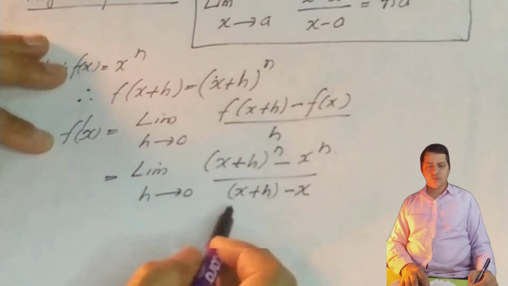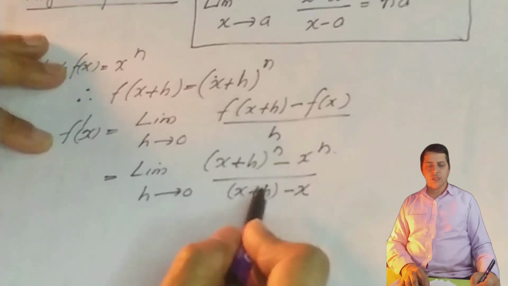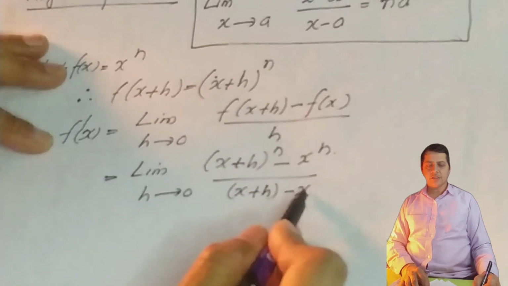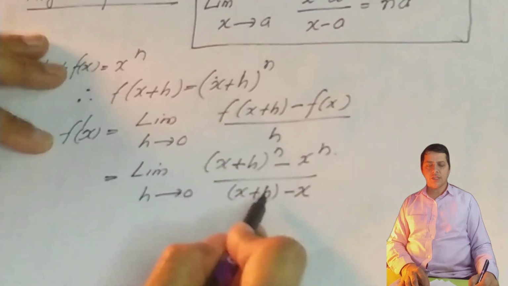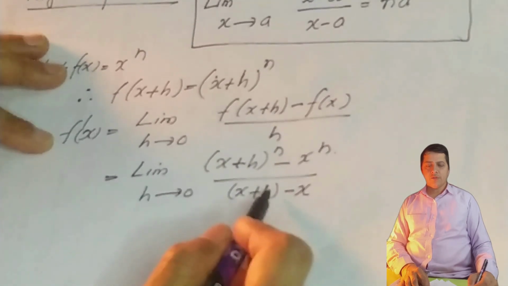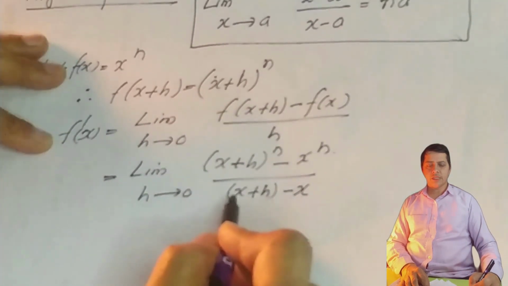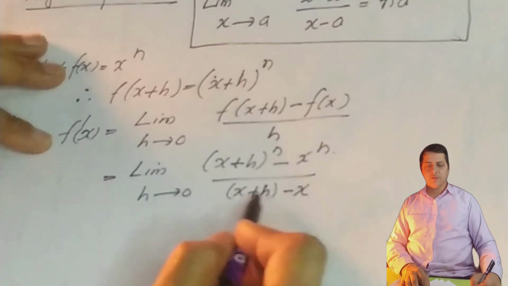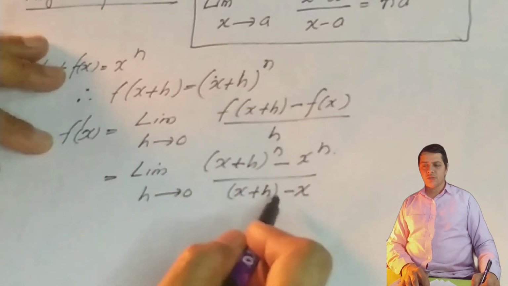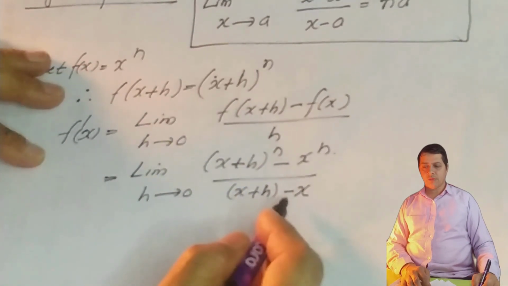You might be confused with writing this, but if you cancel the x and x you get only h. In order to make this equation fit our limit format, our function format, we wrote x plus h minus x. It means only h. So don't be confused with this.